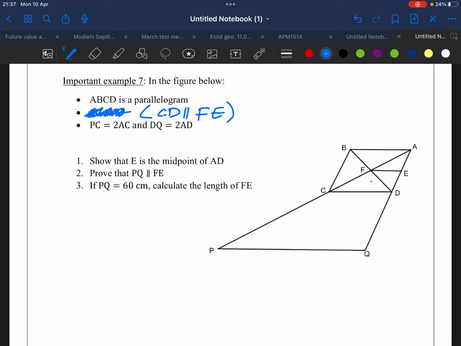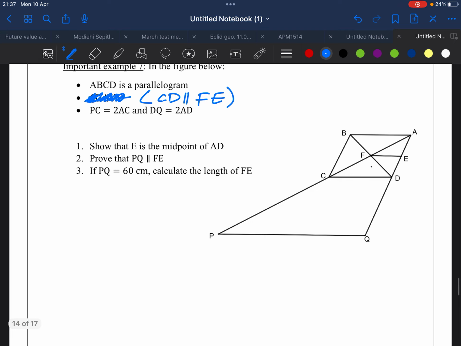Now it is given that ABCD is a parallelogram and CD is parallel to FE, and PC is twice AC and DQ is twice AD. We need to show that E is the midpoint of AD. Now we will start with our sketch analysis.